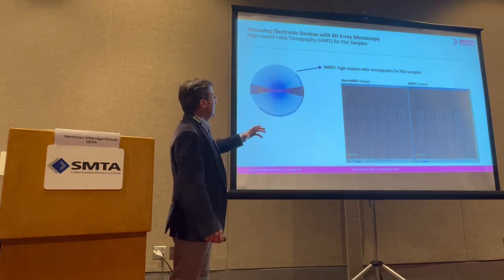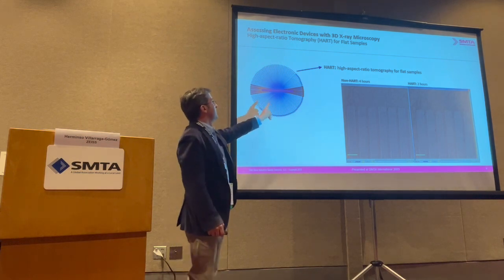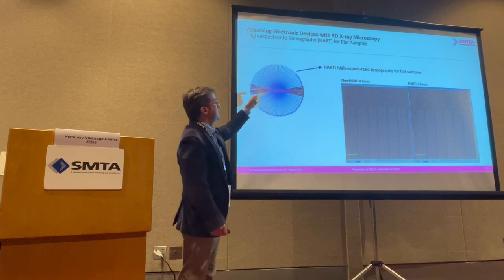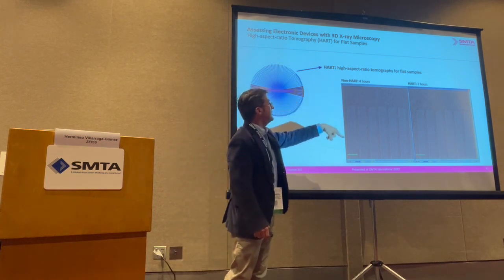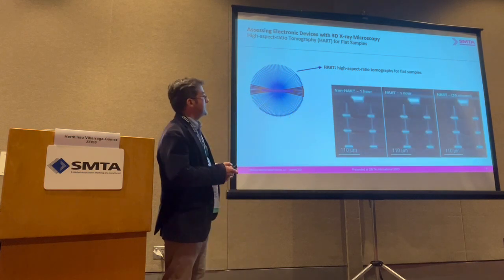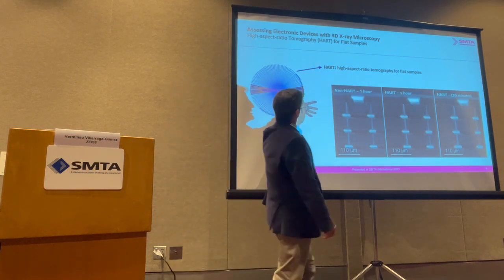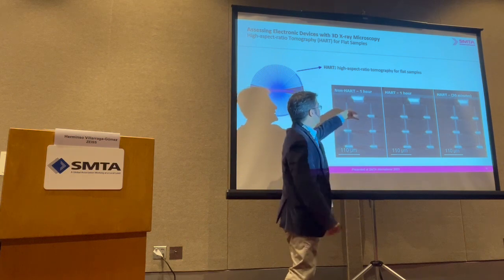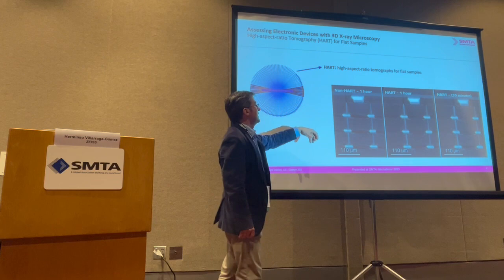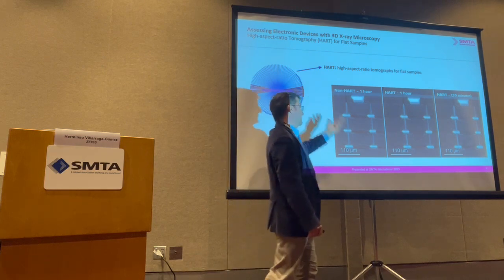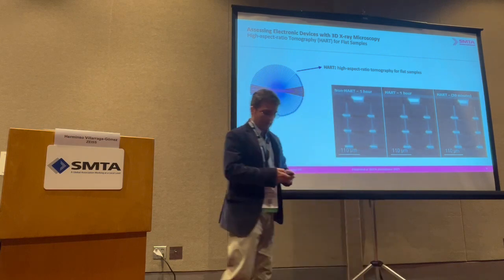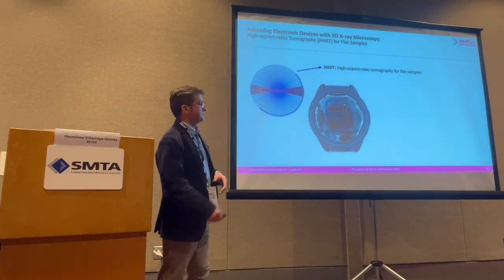The way we have been solving this is by collecting more projections along the longer path of the X-rays to compensate for that. And we can take fewer projections in here, improve the throughput or scan time, and get rid of those streak artifacts that you see when you don't use this high aspect ratio tomography scanning, or HART. We're calling it HART for simplification. And you reduce the scan time and improve the image quality.